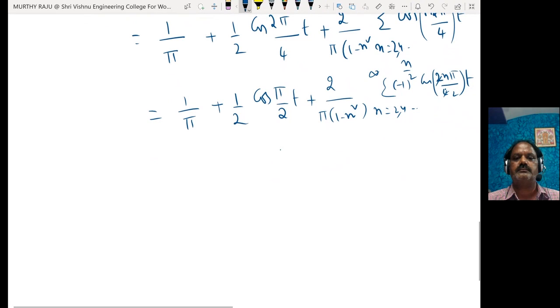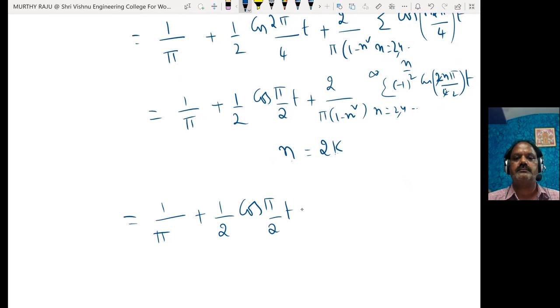Here n is equal to 2k. That means for n is equal to 2, k is equal to 1. For n is equal to 4, k is equal to 2, like that.